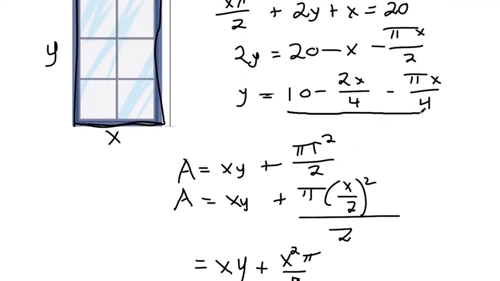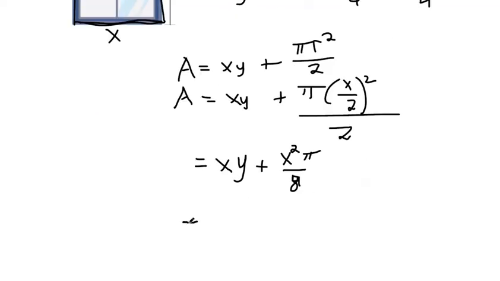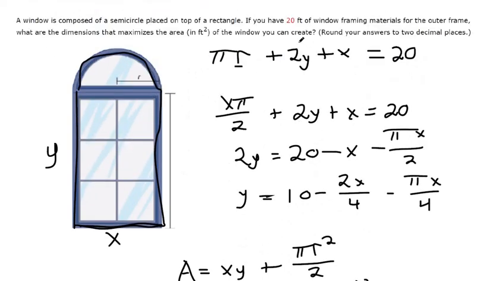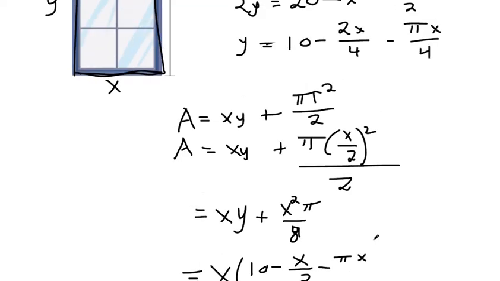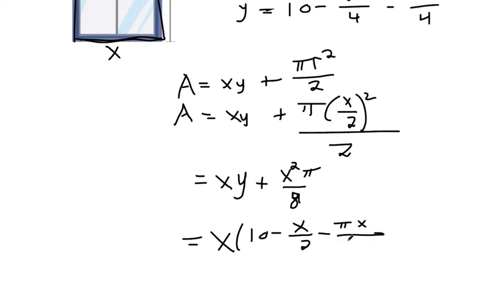And we already have something we can plug in for y, so we're going to replace y with what it's equal to according to our perimeter equation. It's 10 minus 2x over 4, which is x over 2 in an easier way, and then minus pi x over 4. So that's the y that we replaced. Excuse me. Then we still have the term over here.